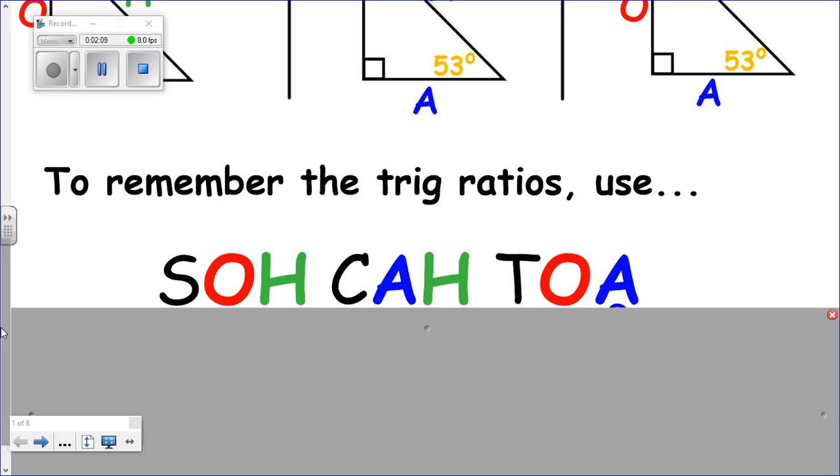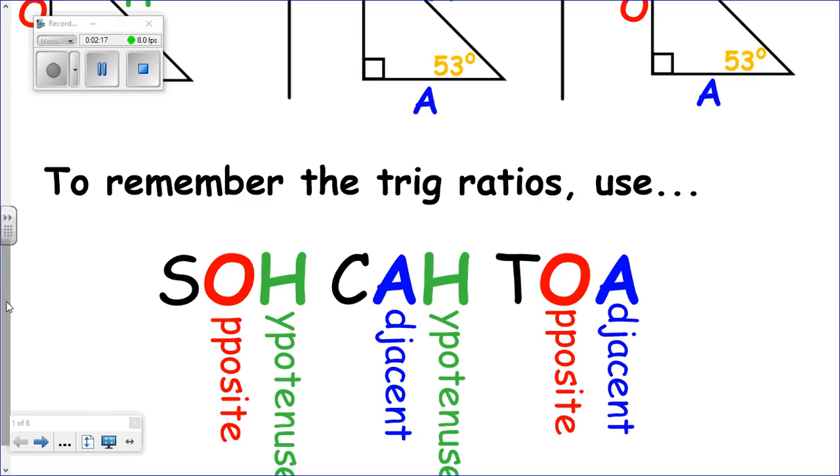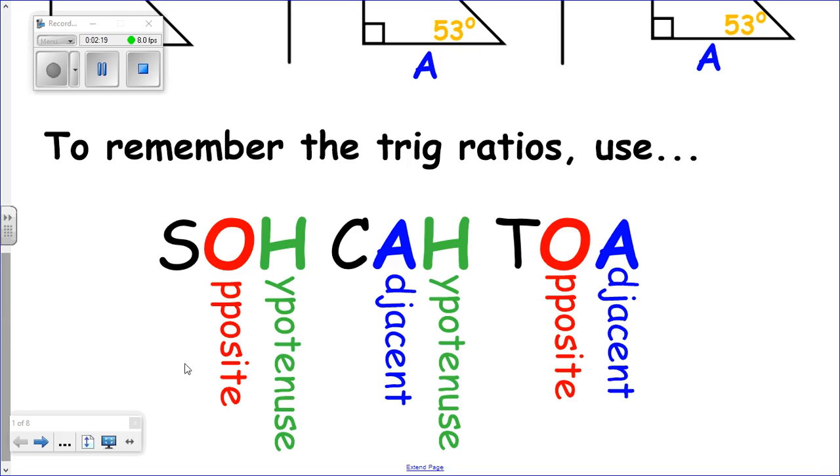S-O-H, C-A-H, T-O-A. What that stands for is sine is the opposite over the hypotenuse, cosine is the adjacent over the hypotenuse, and tangent is the opposite over the adjacent. So if you remember SOHCAHTOA, you will know which two pieces go with which trig ratio. Okay.